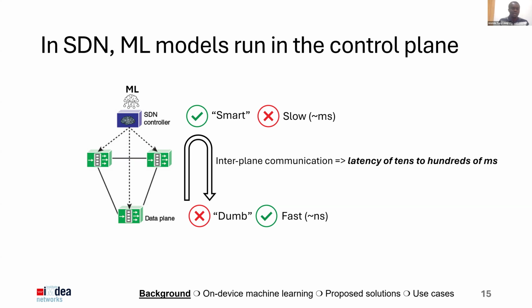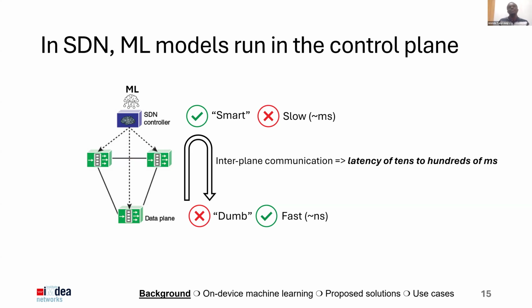It's really rapid because you're using a switching chip that is able to forward those packets directly. Then you're going to introduce a latency which could be tens or hundreds of milliseconds when communicating between the control plane and the user plane, or rather the data plane. I would use those words interchangeably.